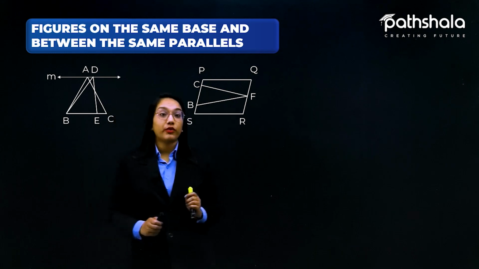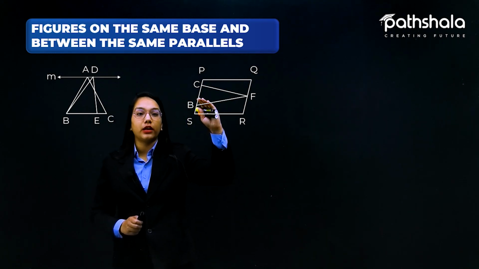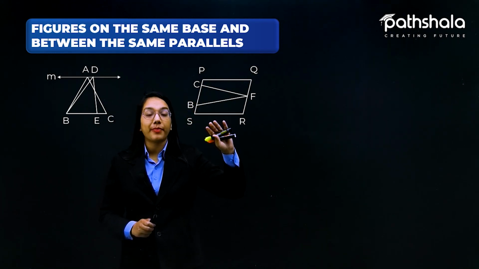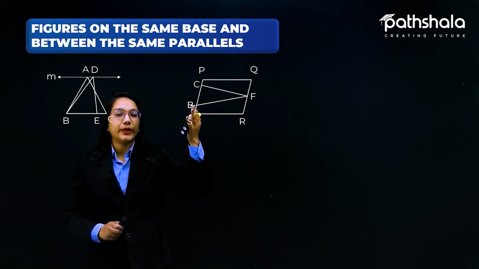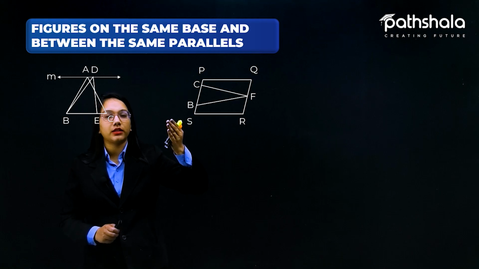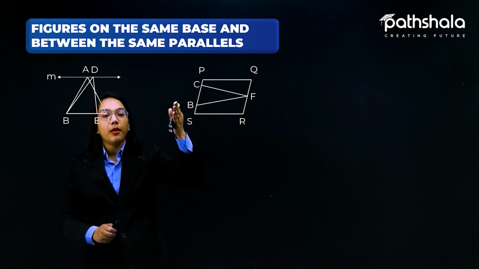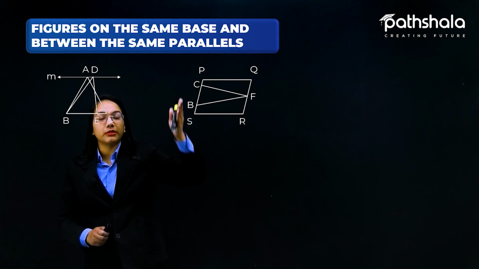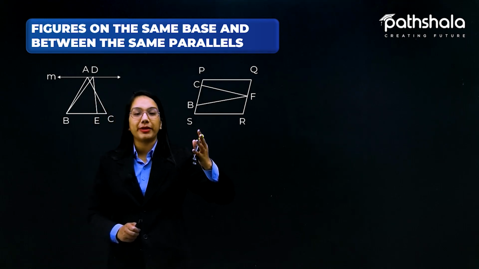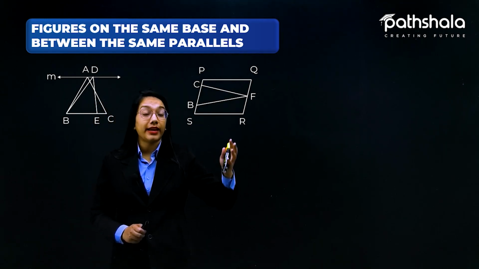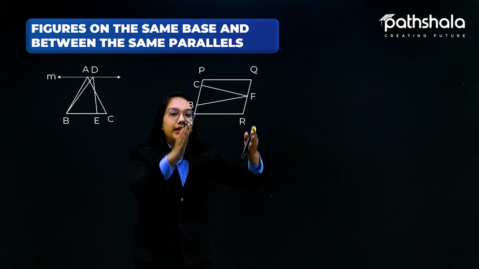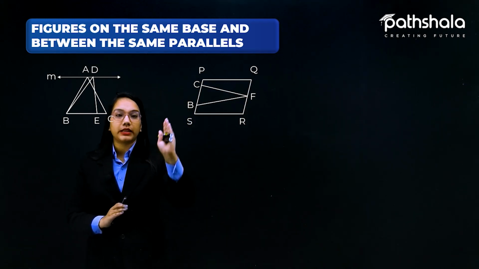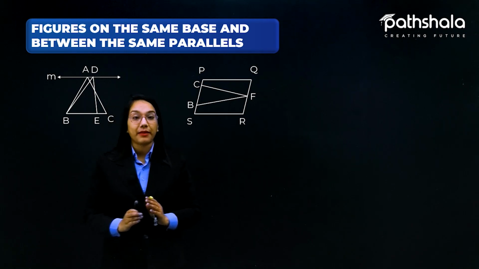As you can see over here, again we have a triangle and a parallelogram, and their bases are definitely not equal to each other. You can see all by yourself that the base of the triangle is CB, but the base of the parallelogram is PS. So they have different bases, but they are lying between the same parallels. You can see that these two are the parallels, but their bases are not the same at all.